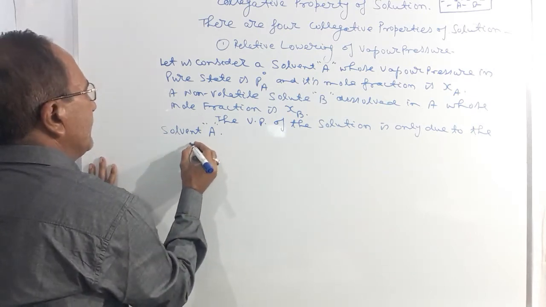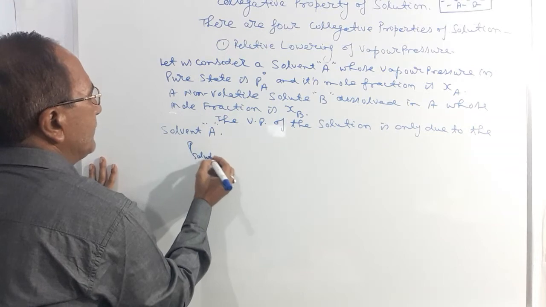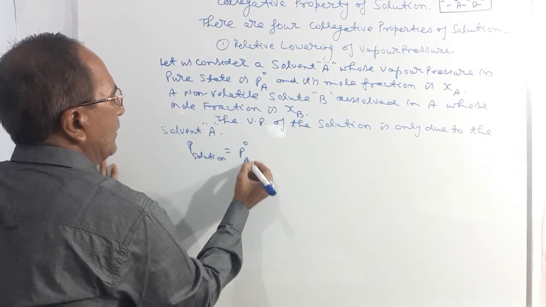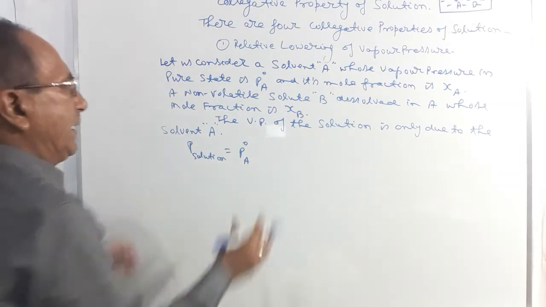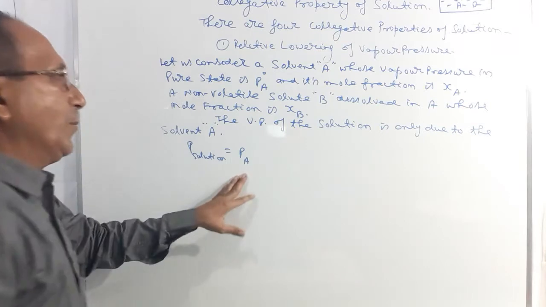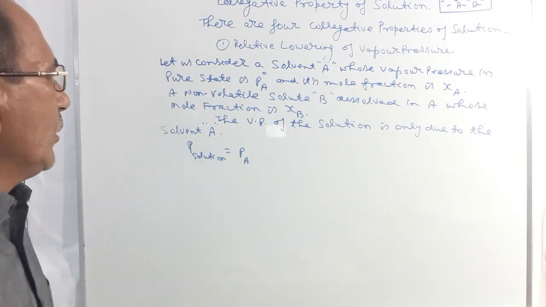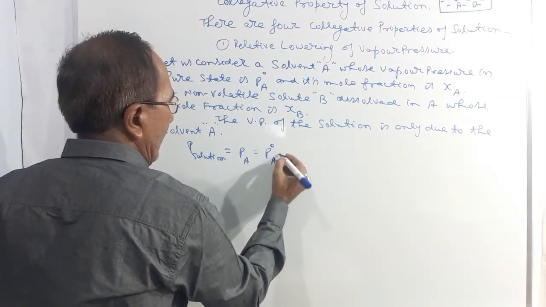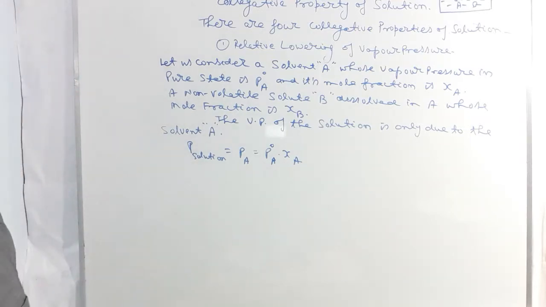Vapor pressure P solution is equal to PA, the vapor pressure due to the solvent, which is equal to P naught A into XA. That is Raoult's law.